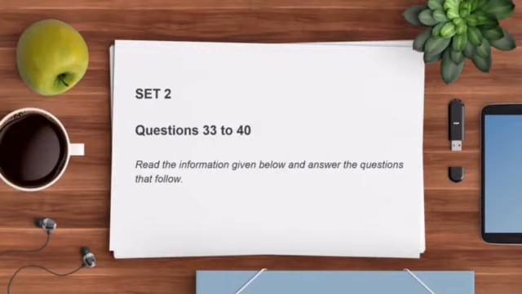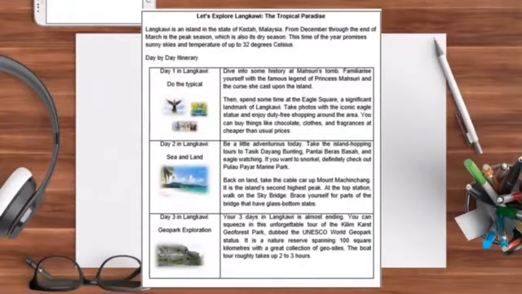Now let's look at sample question set 2. Questions 33 to 40. Read the information given below and answer the questions that follow. For set 2, you have to refer to this itinerary.